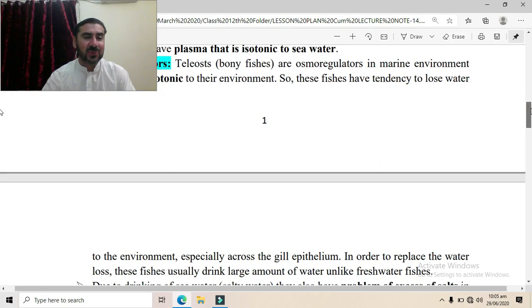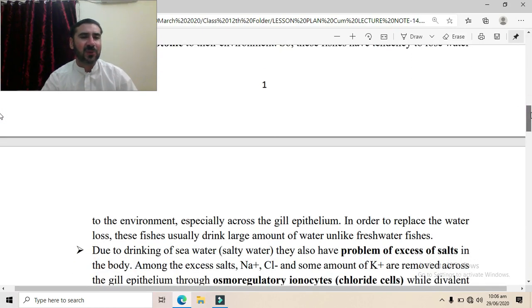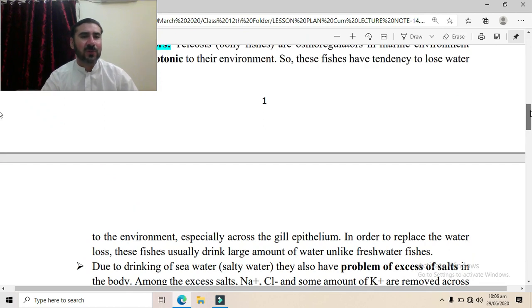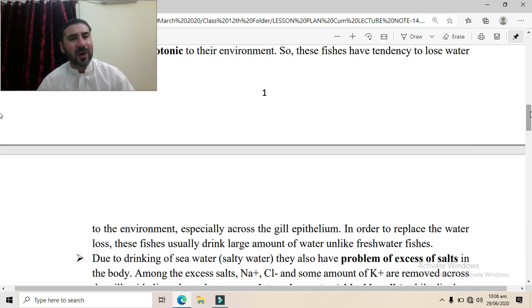So they have to counter this problem. They usually drink a large amount of water. So these teleost bony fishes are osmoregulators and they drink a large amount of water in order to replace the water which is lost.